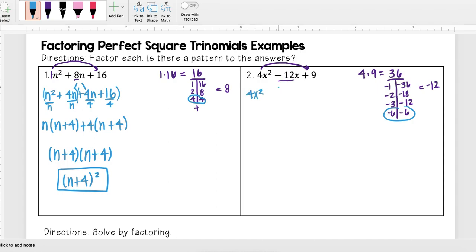So now instead of negative 12x, I want to split that into negative 6x minus 6x plus 9. Factor by grouping. My GCF in my first pair is going to be 2x. The GCF in my second pair is going to be negative 3.